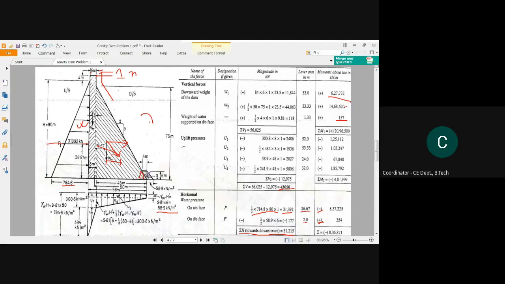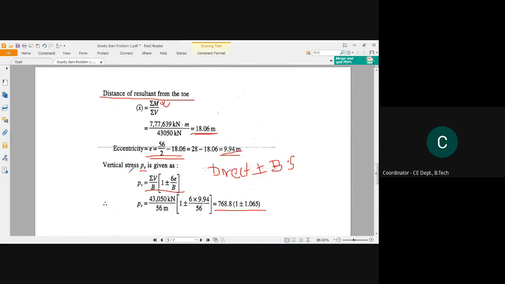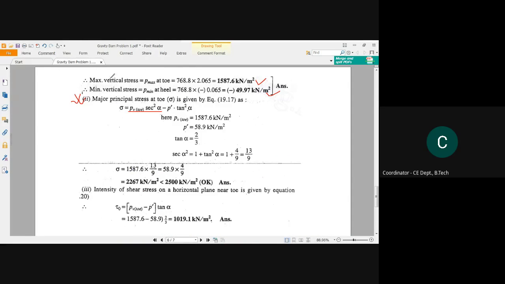That vertical stress was occurring due to all these vertical forces: due to the weight of the dam, due to the uplift pressure, due to the downward tailwater vertical force. So due to that we have acquired the maximum vertical stress at toe into sec square alpha minus P dash. Which one is the P dash?